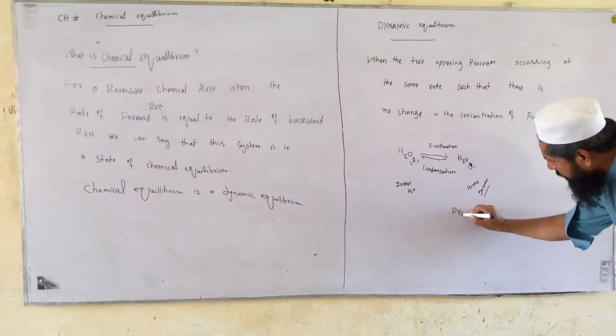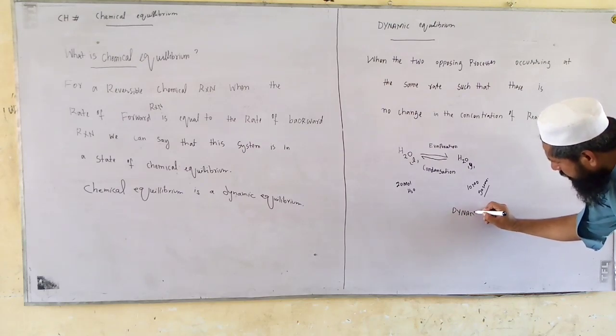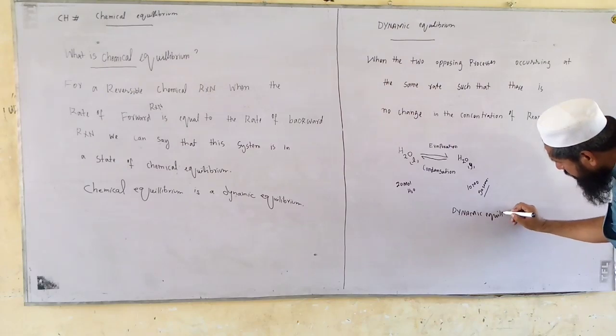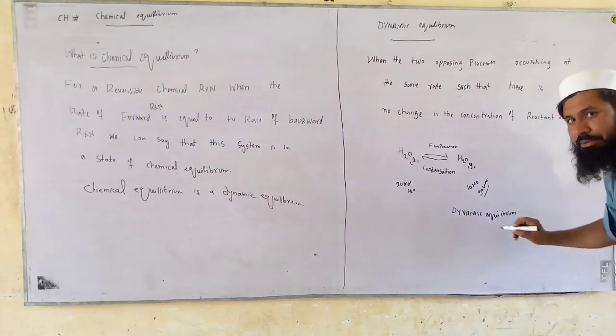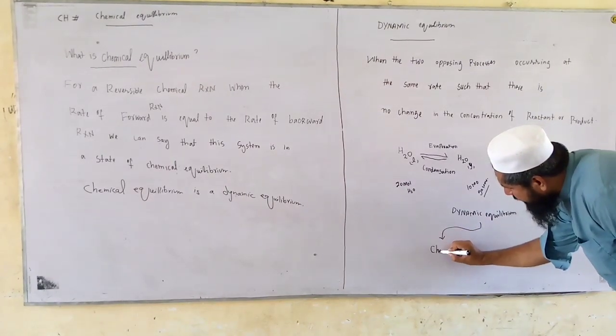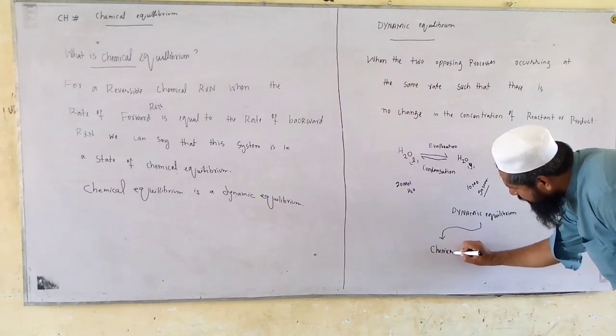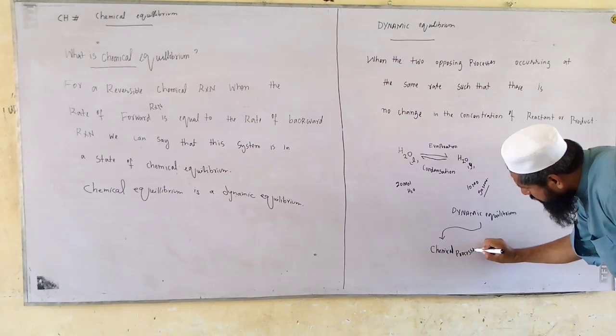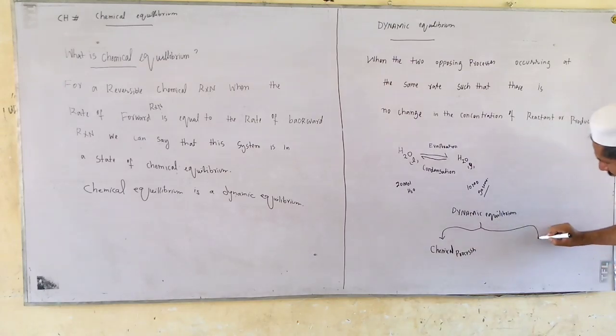So dynamic equilibrium can be found in chemical processes also, and then the physical processes also.